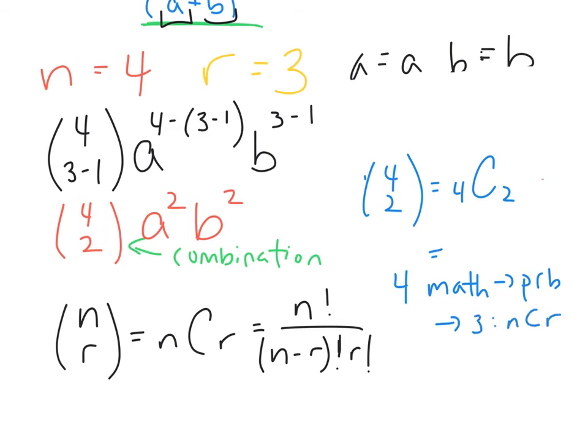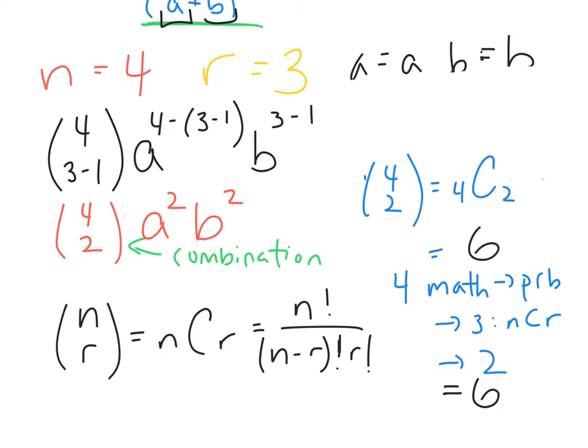And then after that, your NCR is going to show up on your screen. Then you're going to press the number 2. And that will compute 4 choose 2. If you did that correctly, 4 choose 2 should give us 6. So 4 choose 2 is equal to 6.